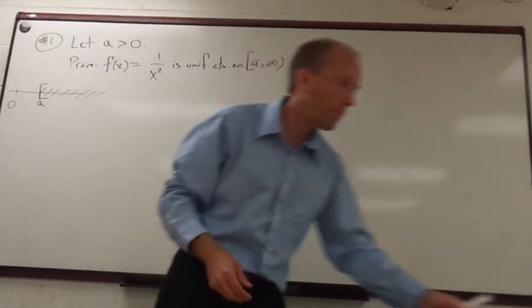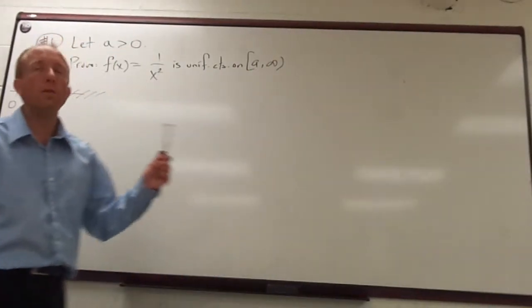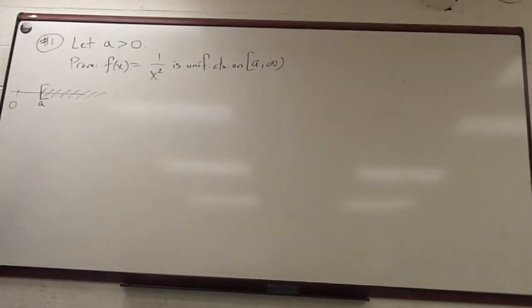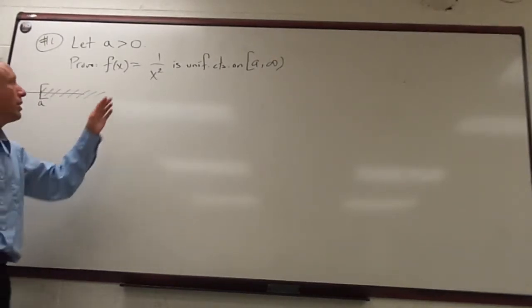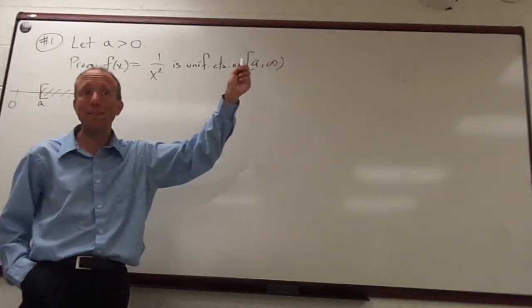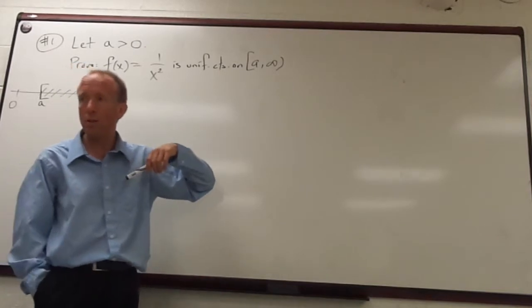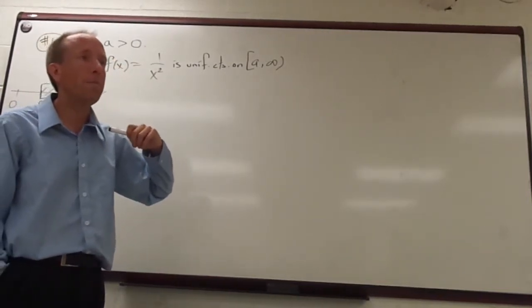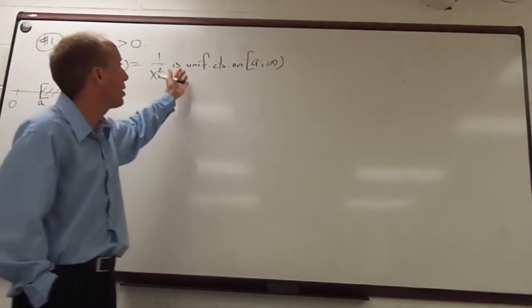Okay? Now, this should look somewhat familiar from previous homework, I think. I think you guys already proved this in the last assignment that you got back, from the definition of uniform continuity.